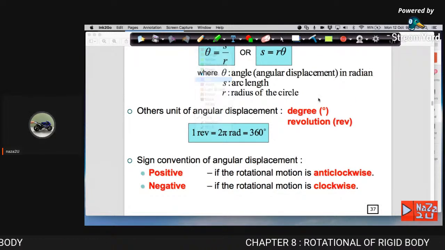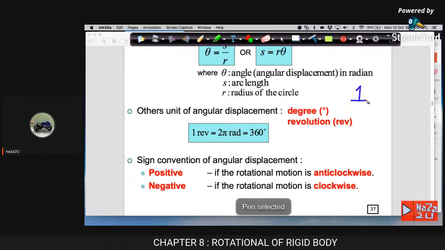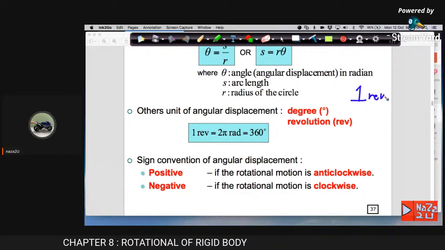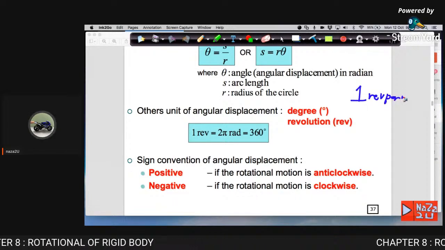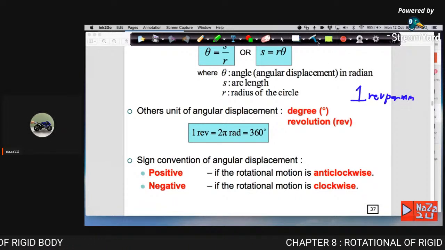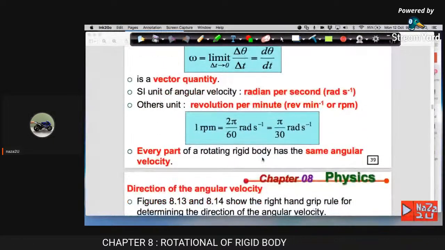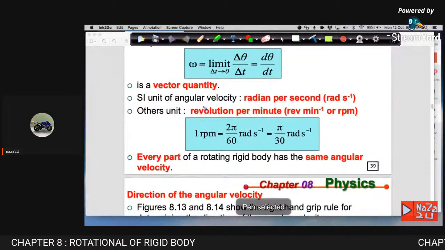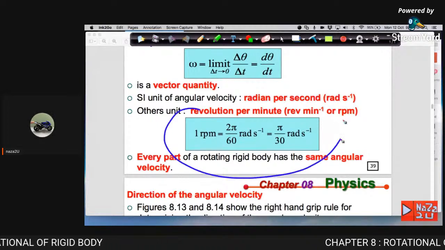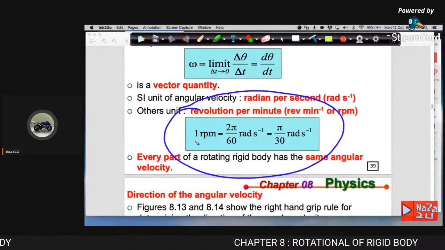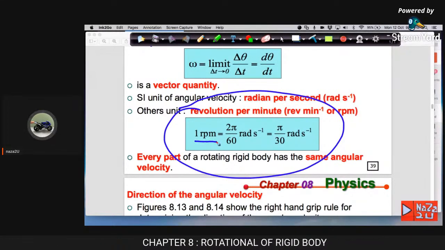kamu akan jumpa nanti konsep, contohnya dia bagi one revolution per minute. Cuba tengok yang ni dulu. One revolution per minute ataupun 1 RPM.